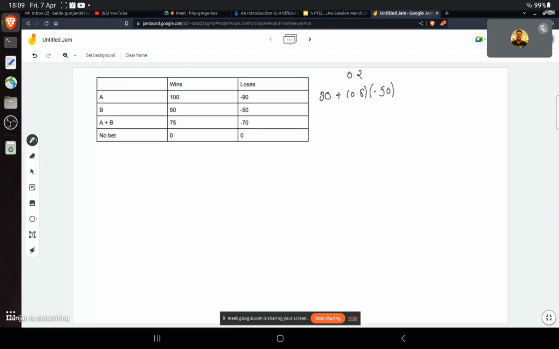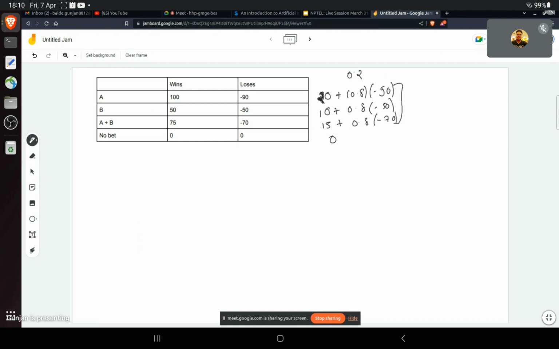So this will be 20 plus 0.8 times minus 90, and this will be 10 plus 0.8 times minus 50. This will be 15 plus 0.8 times minus 70, and this will be just 0.